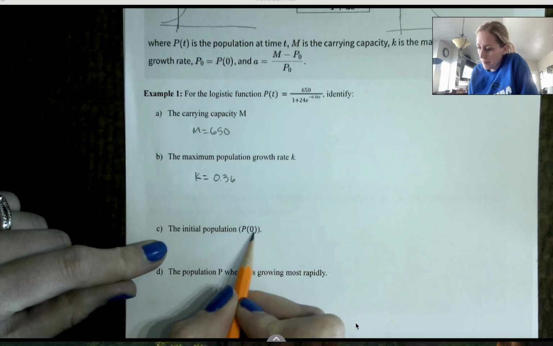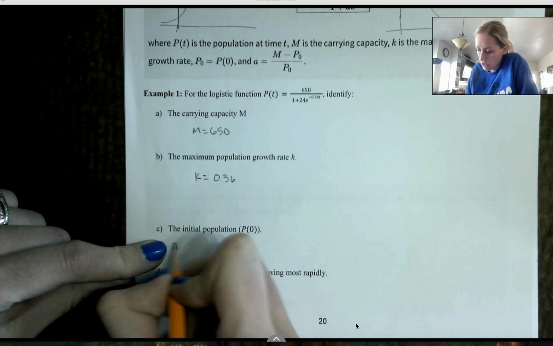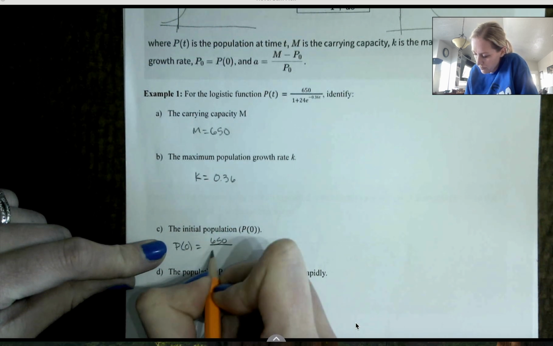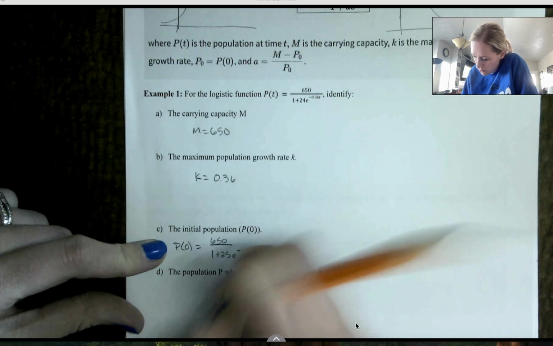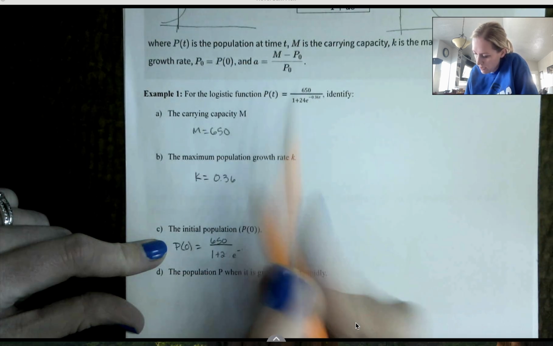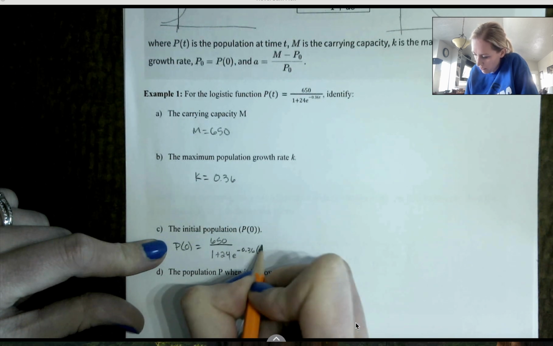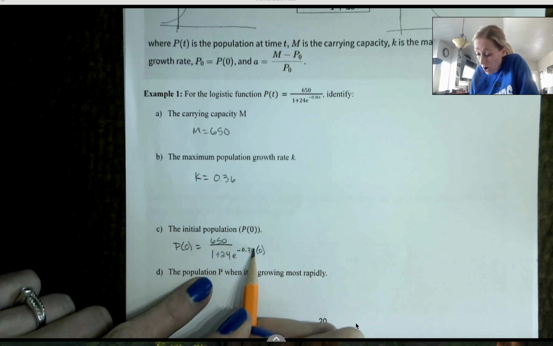The initial population: what is the population when time is 0? So I'm going to substitute in 0 for t. Oh, sorry, I wrote 25 there. That should be 24. We're plugging in 0 for t. So this becomes e to the 0, which is just 1.